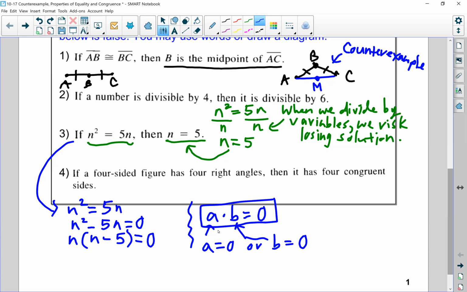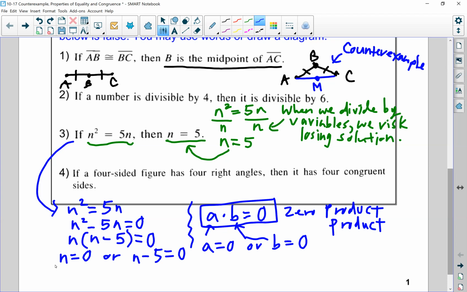We're going to use that idea, the zero product property, when we're solving the quadratic on the left. So if n times the quantity n minus 5 equals 0, we know n equals 0, or n minus 5 equals 0.